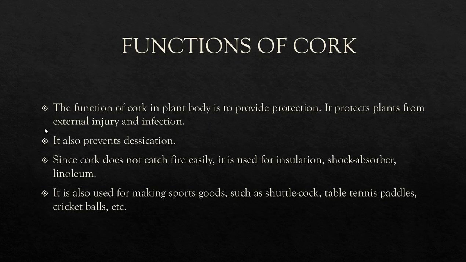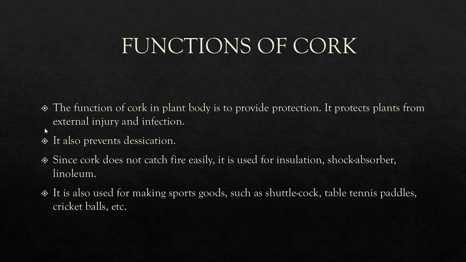Functions of cork. The function of cork in the plant body is to provide protection, as it is a protective tissue. It protects the plant from external injury and infection. It also prevents desiccation because it hinders the sun rays from falling directly on the main soft stem, and thus lowers the evaporation rate, preventing dryness of the plant.